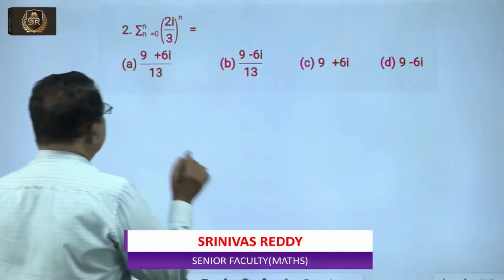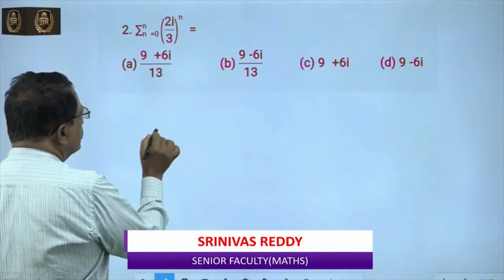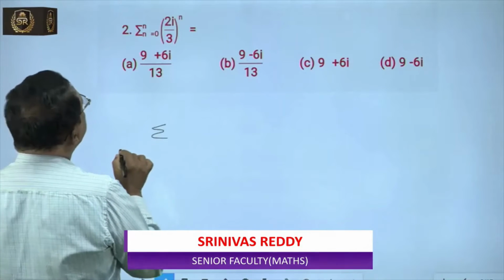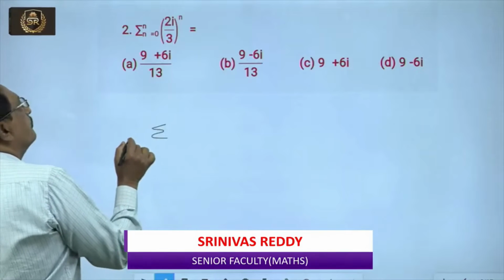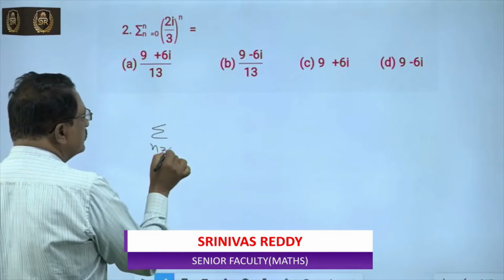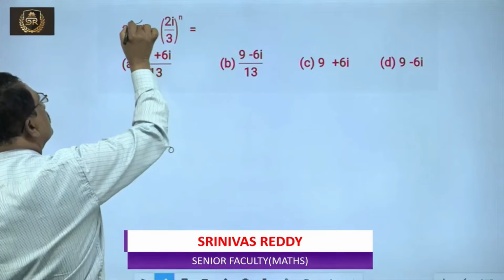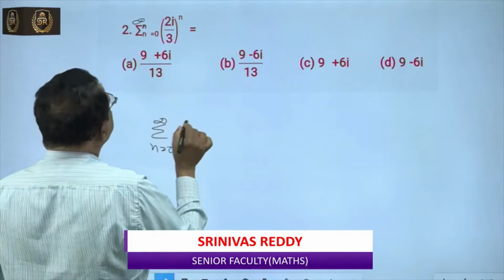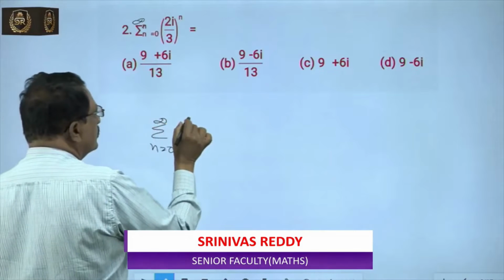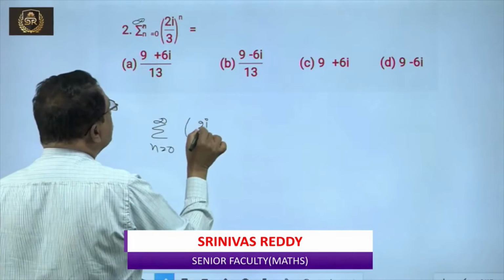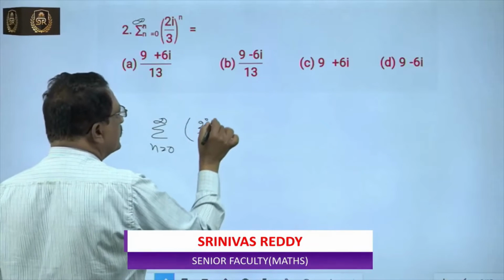Next, second problem. Sigma n equals 0 to infinity of (2i by 3) whole to the power of n equals.